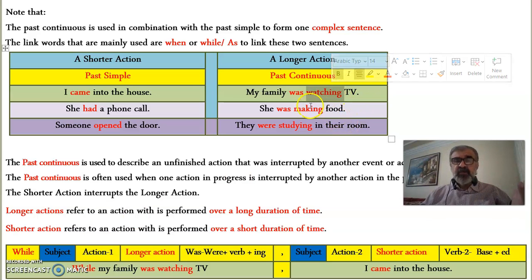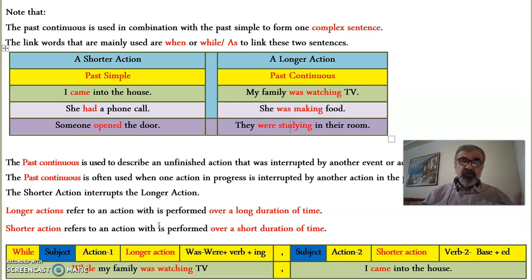Watch TV, make food, study. Can you perform any of these actions without spending enough time to do these tasks? Actually, you cannot. Some people might say, well, I watch TV for 1 minute. This is an exception. No one can make food in 1 minute. No one can study, actually. Just ignore make or watch and talk about study. Can you study in 1 minute?